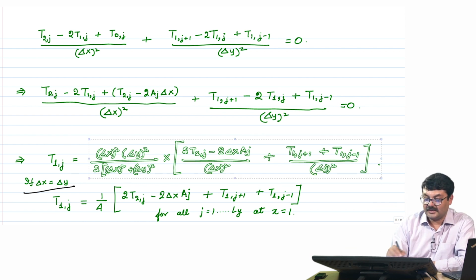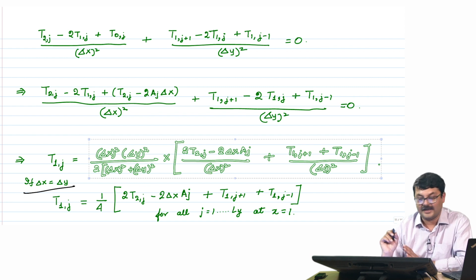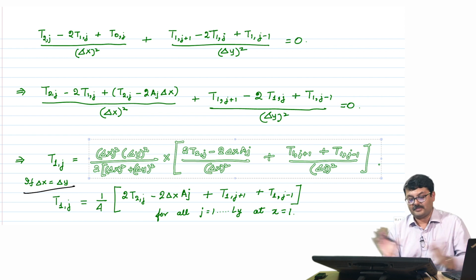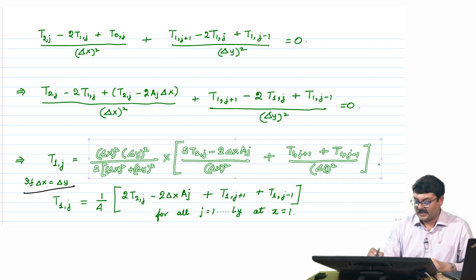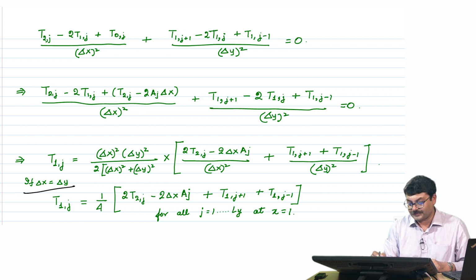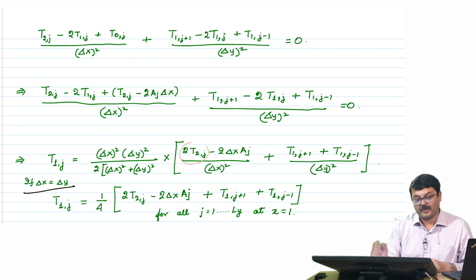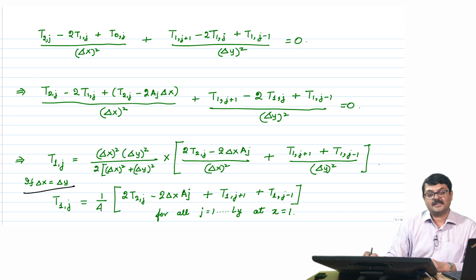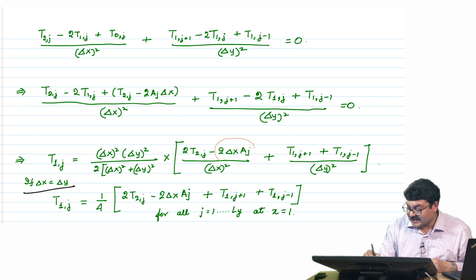So, what I have done is basically multiply by delta x squared and do a separation of variables, and now T 1 j depends upon all the neighboring points, and the boundary condition is sitting here nicely, right. From here it is sitting nicely here.